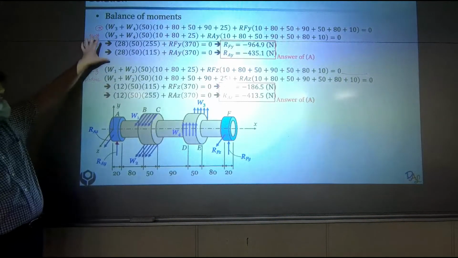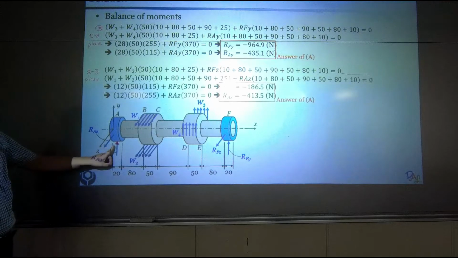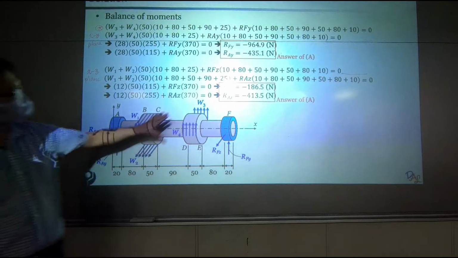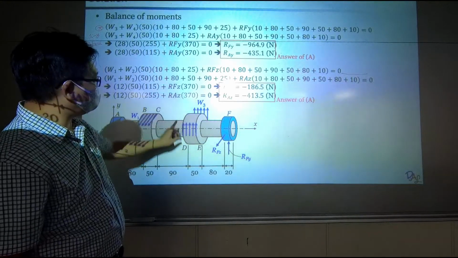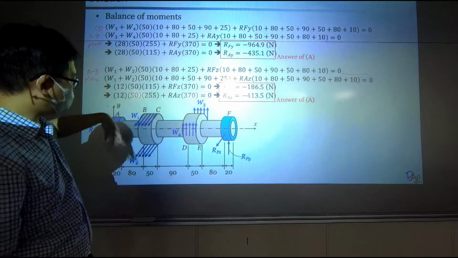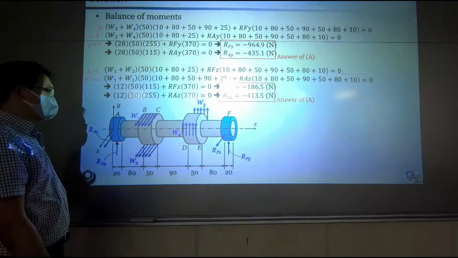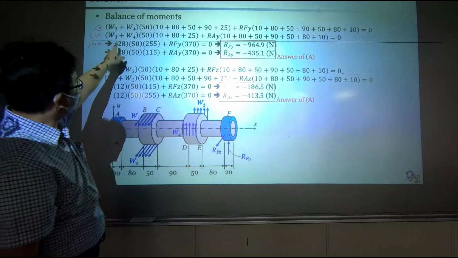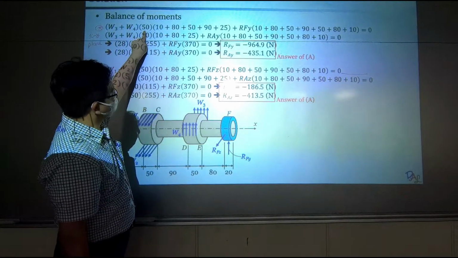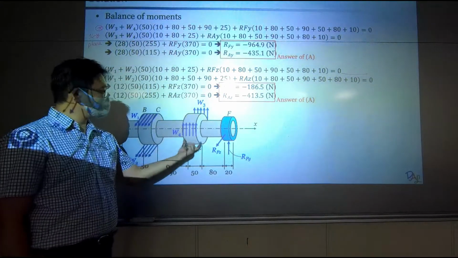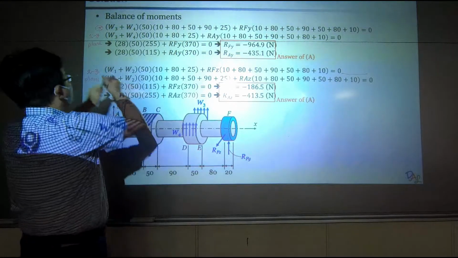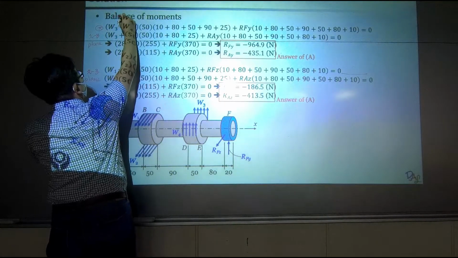For the first part, first equation, I'm choosing this as a center. So only W3 and W4 facing up is generating a counterclockwise moment, multiplying 50, because the unit is Newton per millimeter.